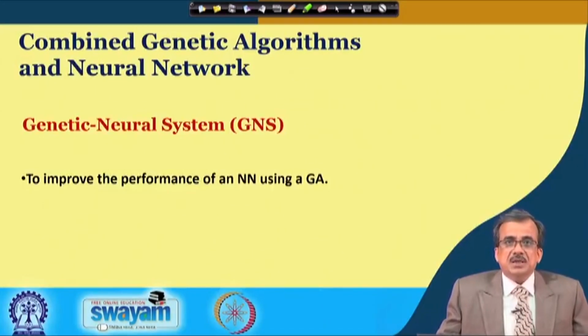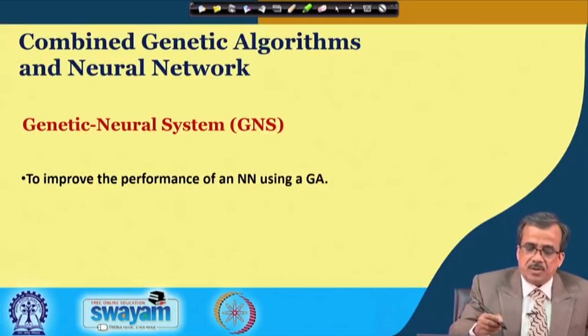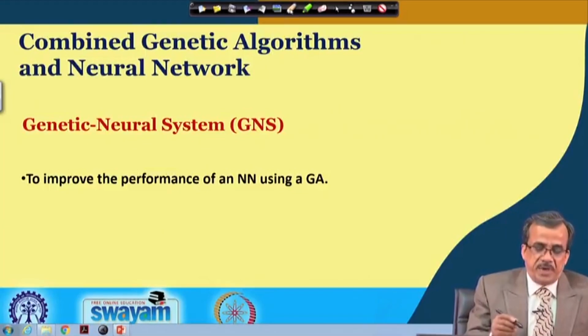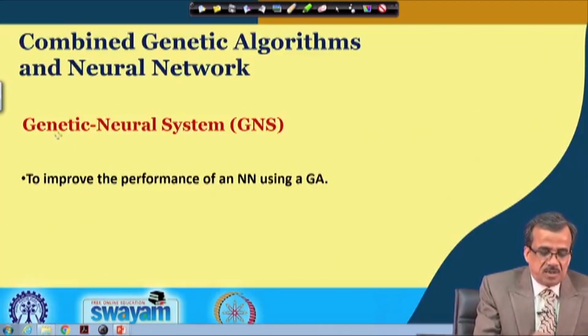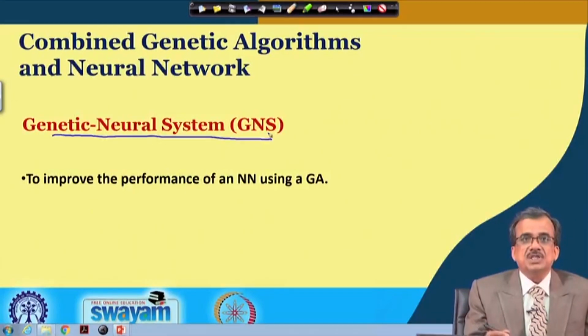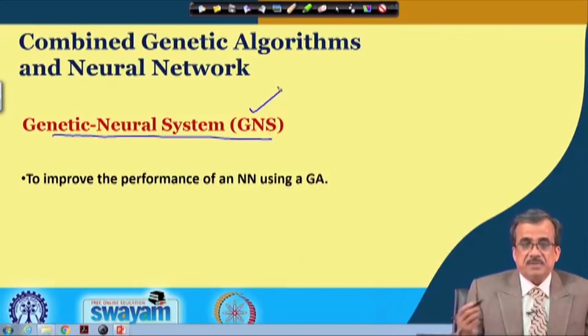Now, the combined genetic algorithm and neural network is very popularly known as the genetic neural system, and in short this is nothing but the GNS.